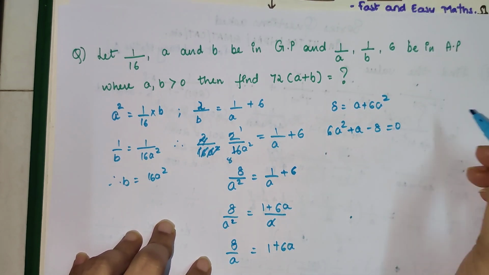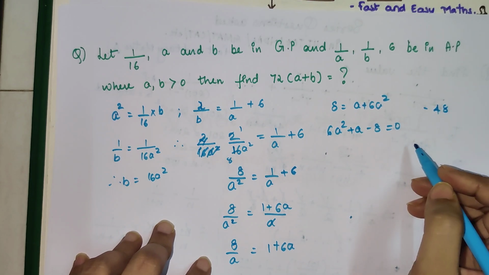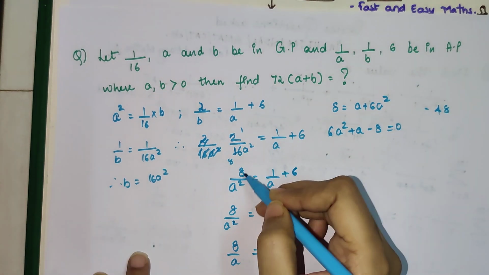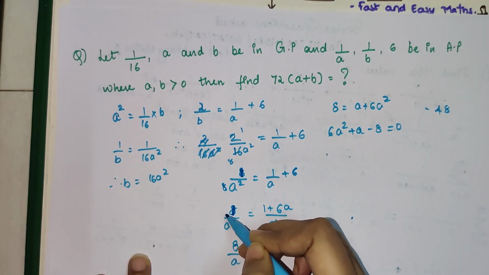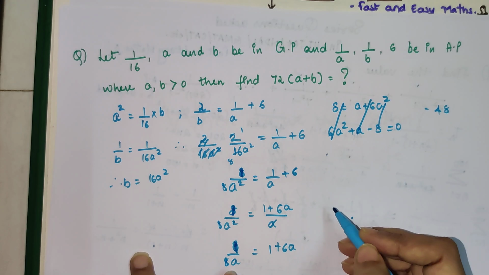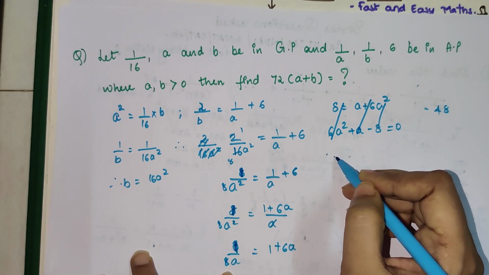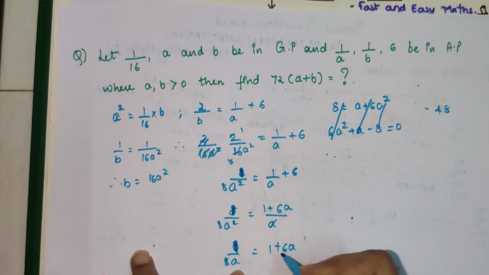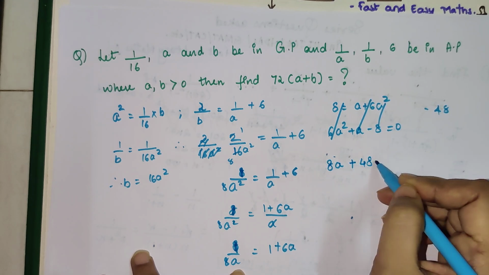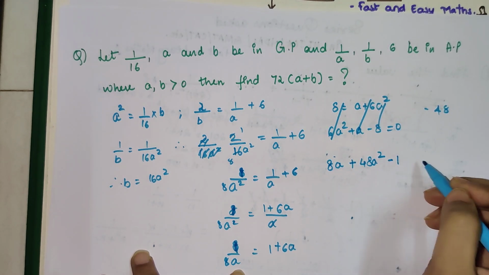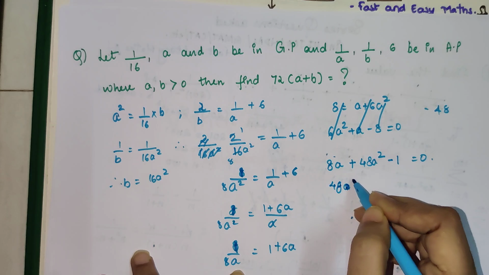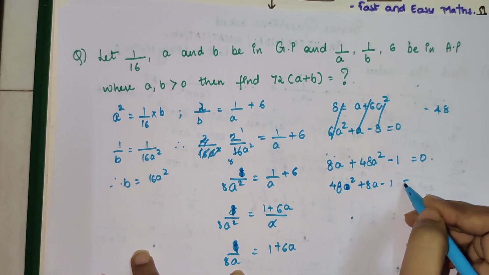Sorry, my bad, this was 1 upon 8a square, this is 1 upon 8. So here we will have something like this. We'll have 48a square plus 8a minus 1 is equals to 0.